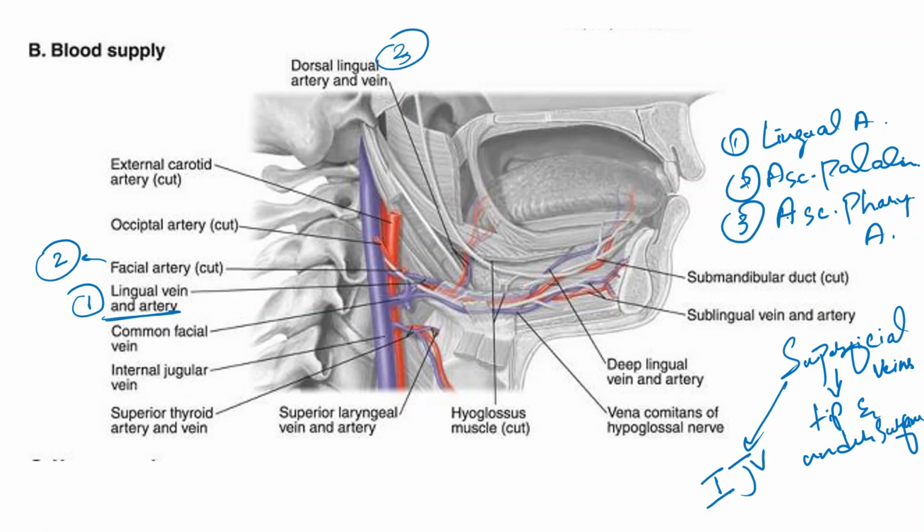They pass superficial to the hyoglossus muscle and end in the internal jugular vein. So this is about the superficial veins.